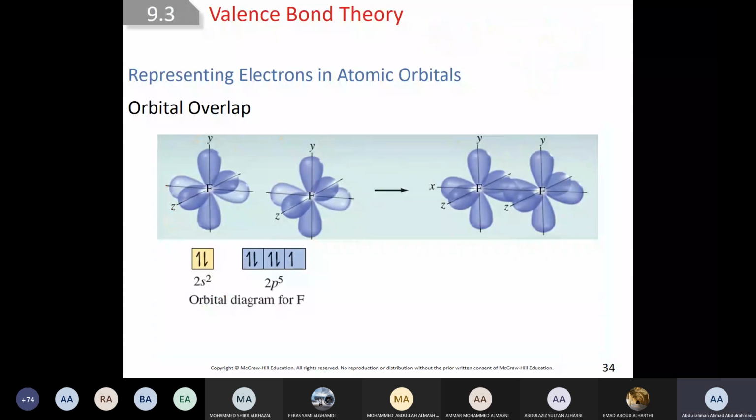Look at this one here. Look at the orbital between this one and this one. What type of bond is this one? It's P with P. What type of interaction is this? Also head to head.